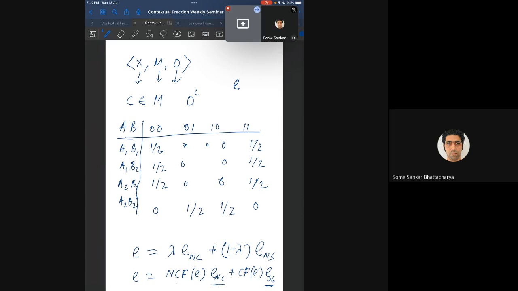This coefficient is the non-contextual fraction, and this coefficient is the contextual fraction. Our main discussion will be centered around this contextual fraction or non-contextual fraction, because as it is a convex combination, the contextual fraction equals 1 minus the non-contextual fraction.